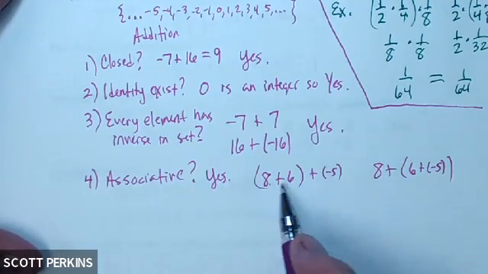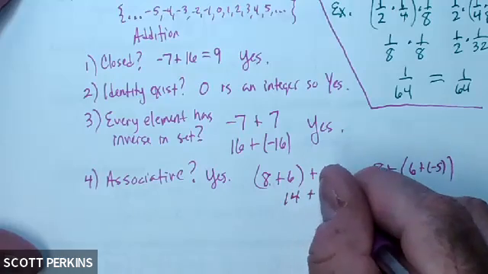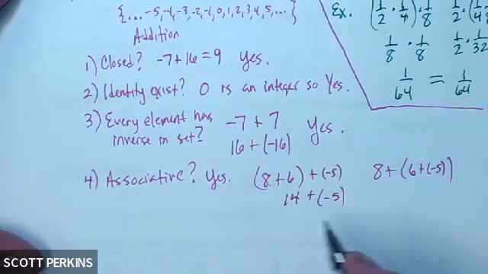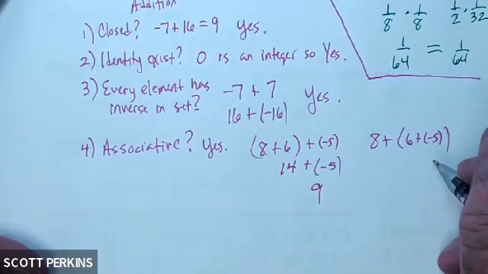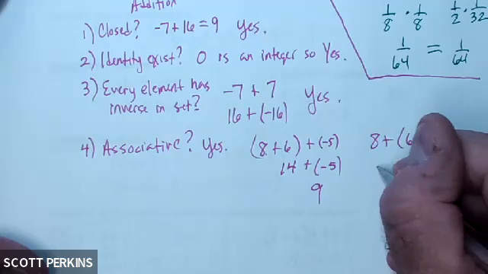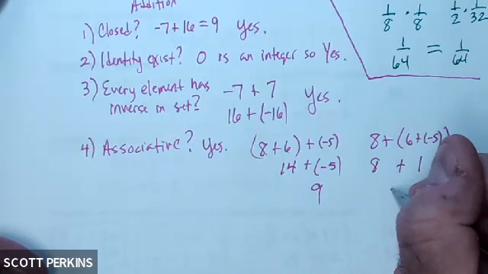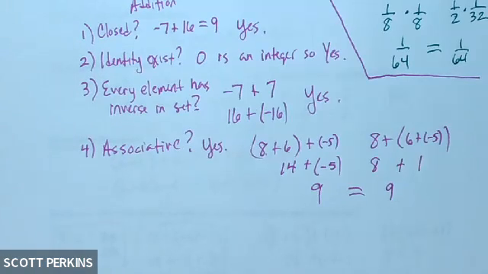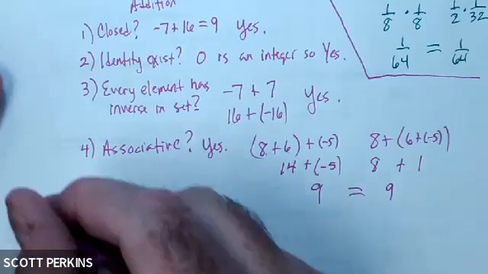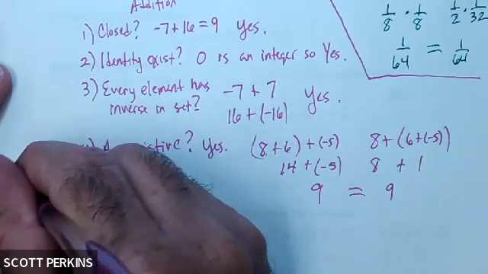On the left, 8 plus 6 is 14. 14 plus -5 is 9. And on the right, 6 plus -5 is 1. Plus the 8 outside the parentheses is 9. That should always work out because I've told you that addition is associative. So we have a group. Woohoo! At this point, we know we have a group.